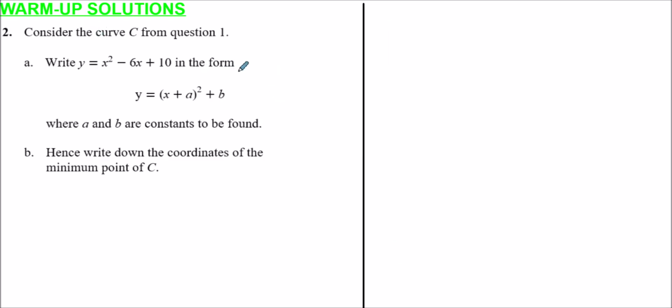Question 2, the same curve. Now we're going to rewrite this in completed square form. So we've got to write it as y equals x plus a all squared plus b. So to do this, we just need to remember how to complete the square. So we put the x squared as an x in the bracket.